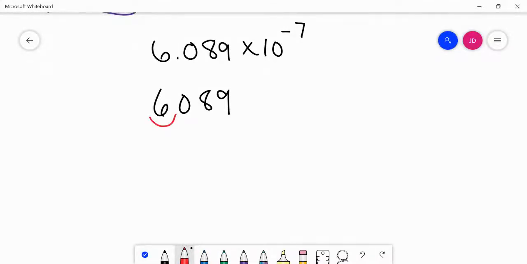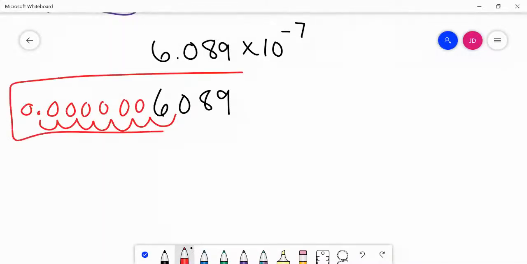So 1, 2, 3, 4, 5, 6, 7. 1, 2, 3, 4, 5, 6 hops, and then the 0 out in front. So that's, again, a really small number that scientists and astronauts use. Like I said before, scientific notation is a way to represent really large or really small numbers.